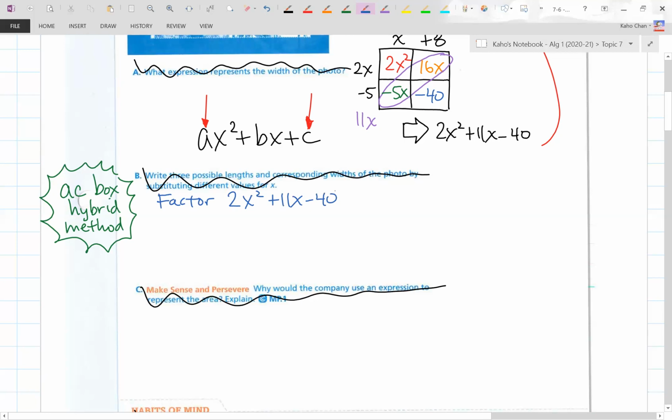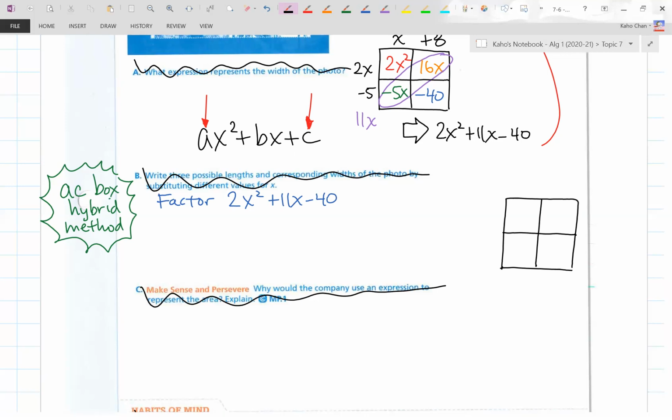Now, first things first, draw a box. Sound familiar? This is a method that I learned actually deep into my career, and I didn't learn this as a student, but I was like, wow, this is pretty amazing. So here we go. Step 1.